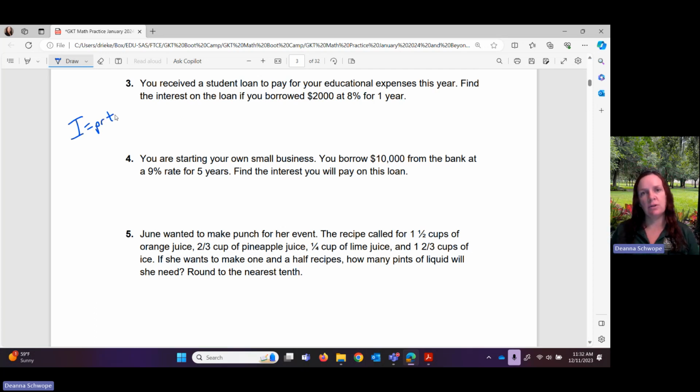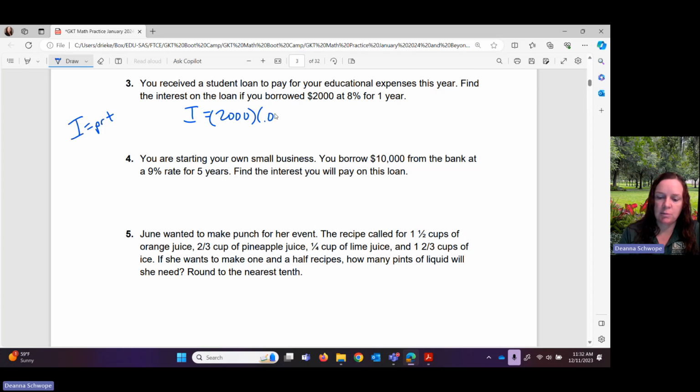So let's read it again. You received a student loan to pay for educational expenses this year. Find the interest on the loan if you borrowed $2,000 at 8% for 1 year. So the thing we don't know is the I. So we are borrowing the principal, which is 2,000. You have to change the percent to a decimal.